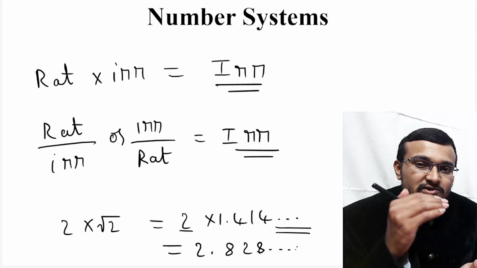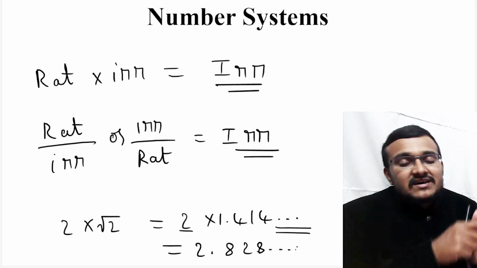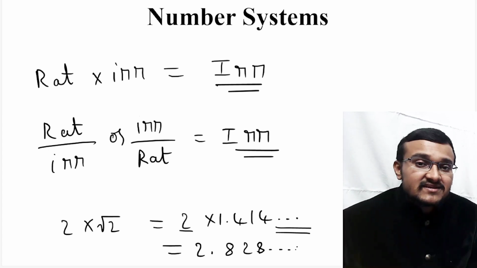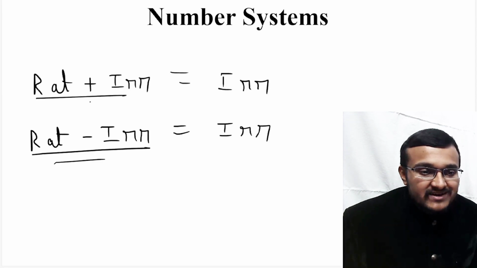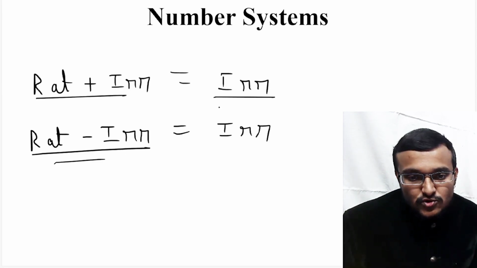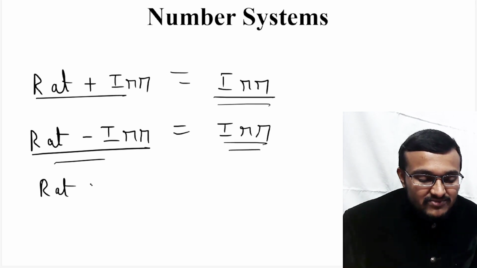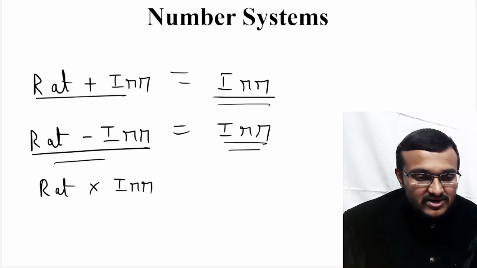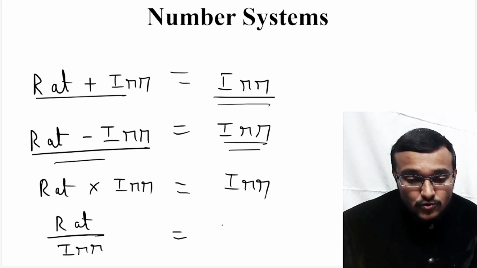Similarly, if you do division between a rational number and an irrational number, then also you will only get an irrational number. So here you did rational plus irrational, rational minus irrational, and you only got an irrational number. Similarly, when you multiply a rational number with an irrational number, or do division between them, you will always get an irrational number only.